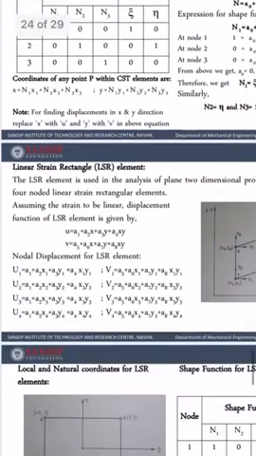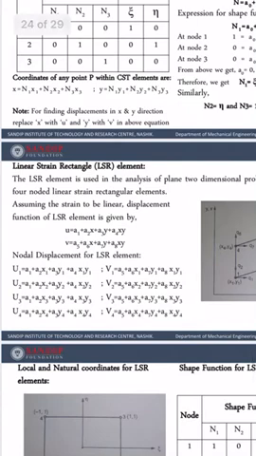Now we will start our next topic, the linear strain rectangular element. This linear strain rectangular element is a 4-noded rectangular element. Why do we call it a linear strain rectangular element? Because the strain is linear within the element.